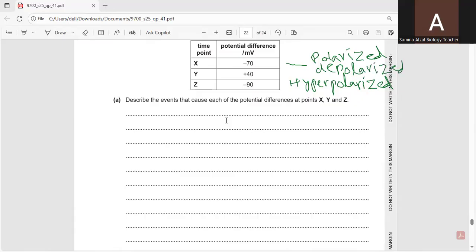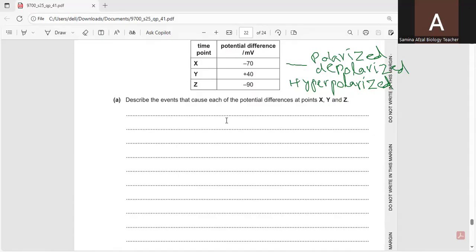So these are the three sequential differences in the potential difference. First of all, at X, it is polarized. At Y, it is depolarized. And at Z, it is hyperpolarized, because it is more negative than minus 70. At positive, it is depolarized, that is plus 40.